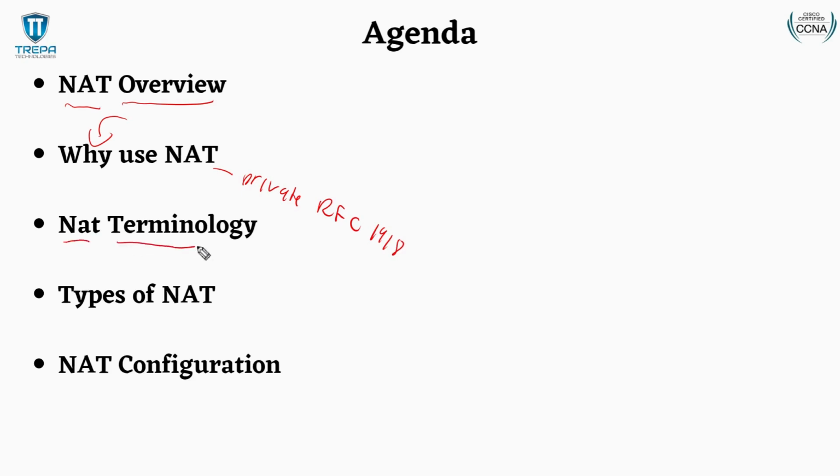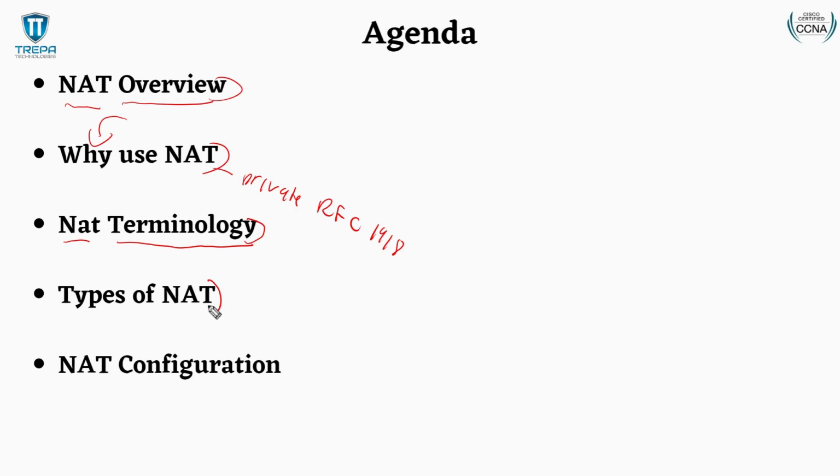And then we've got to go over the NAT terminology. So a quick overview, why we need it, and then let's dive into the terms you're going to see in NAT and why those are important and what they mean, because there is a lot of terminology in NAT that I've noticed my students definitely get confused on, and I don't blame them because of a lot of similar language. And then we're going to go over the different types of NAT that you can employ in your environment.